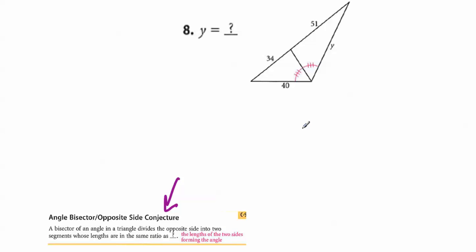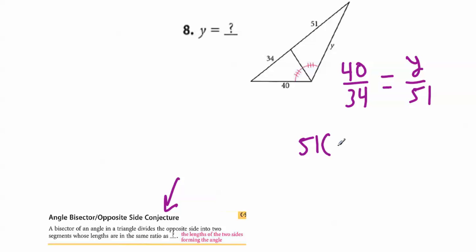In short, this is a very straightforward problem. I'm just going to put 40 over 34, because we're proportional here, is equal to y over 51. Now there are other ways I can set this up. So I just have 51 times 40 over 34 is equal to y. And I can set that in the calculator real quick.